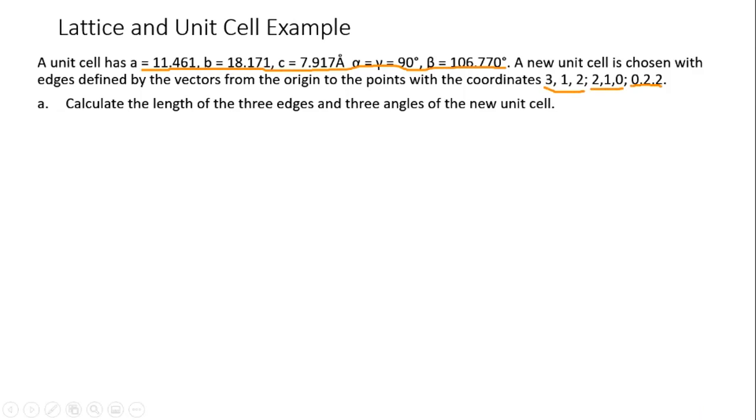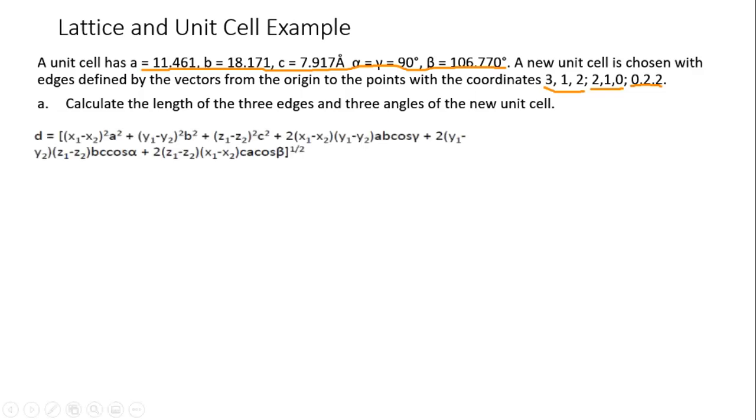So again, we have to determine the distance between the original set of vectors and the new set of vectors. We're going to be using this distance equation. The good thing about this is that the original set of vectors is at the origin, so 0, 0, 0. For the a-axis, the new vector is 3, 1, 2.